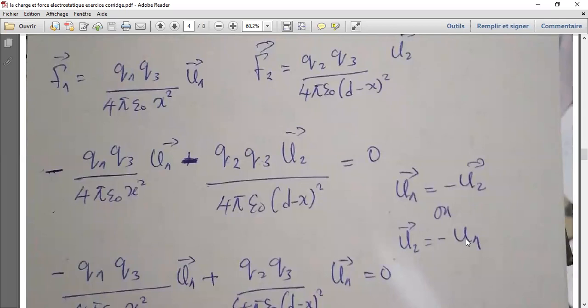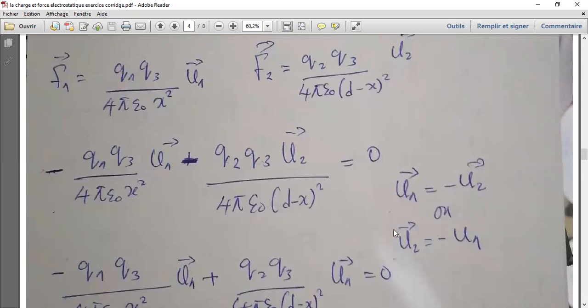In this case, I'm going to use U2 is equal to negative U1. Either one can be used, but you just have to show that the vectors are in opposite directions. For that, one must be positive and the other negative.